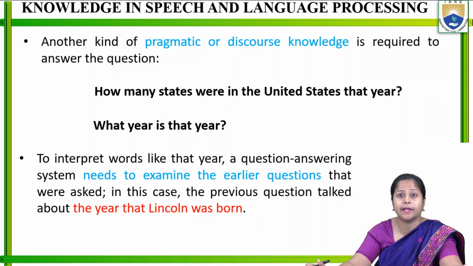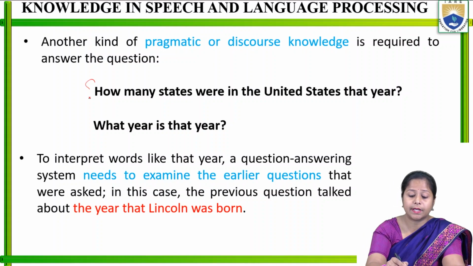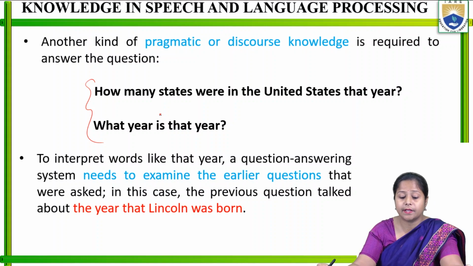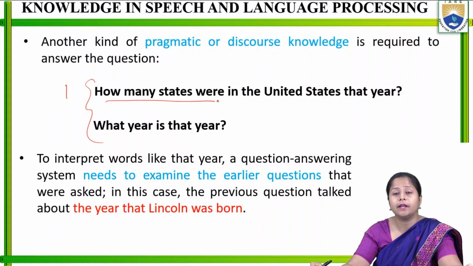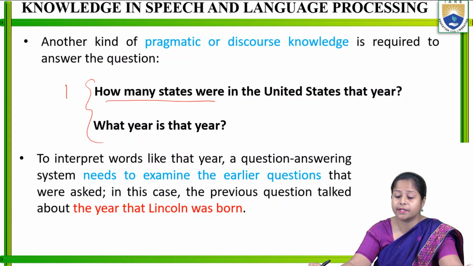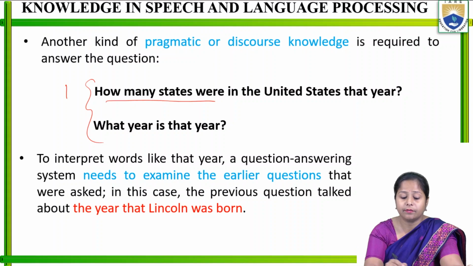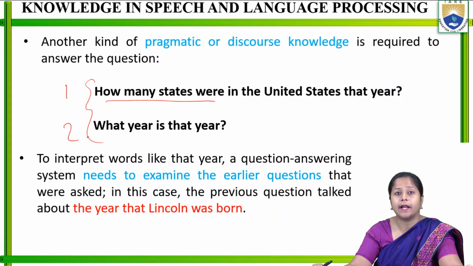Let's take another kind of pragmatic and discourse knowledge that is required to answer a question. Let's see two sentences. The first is "How many states were in the United States that year?" and the second question is "What year is that year?"